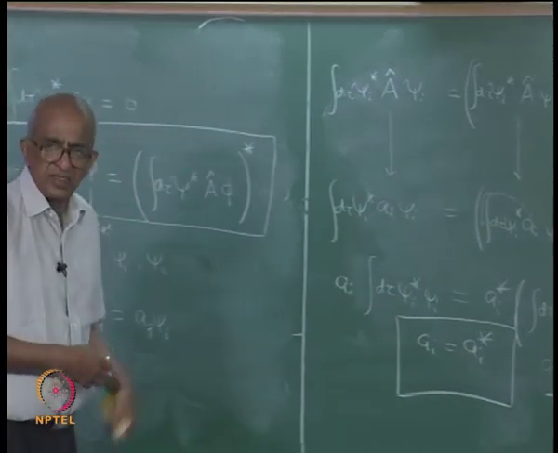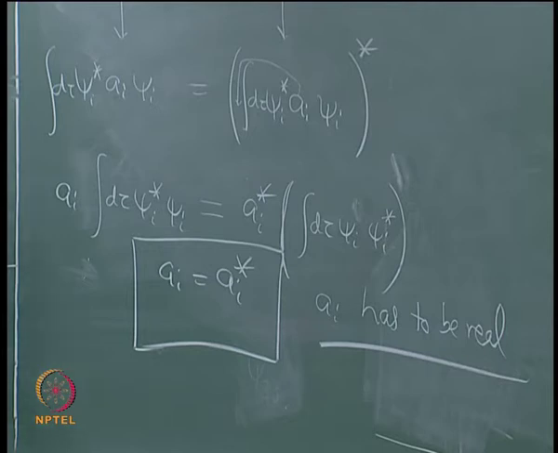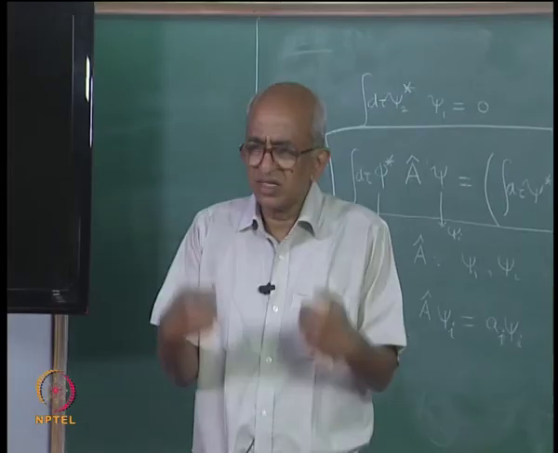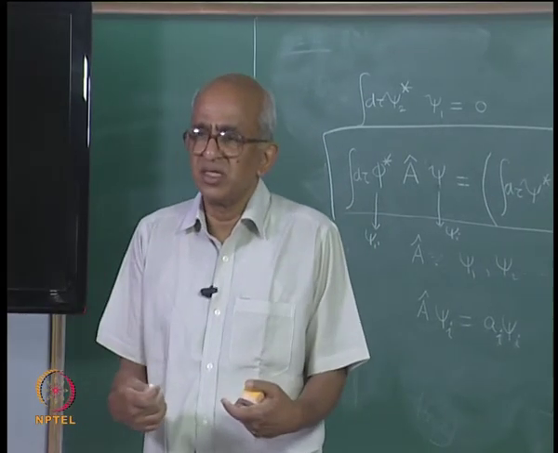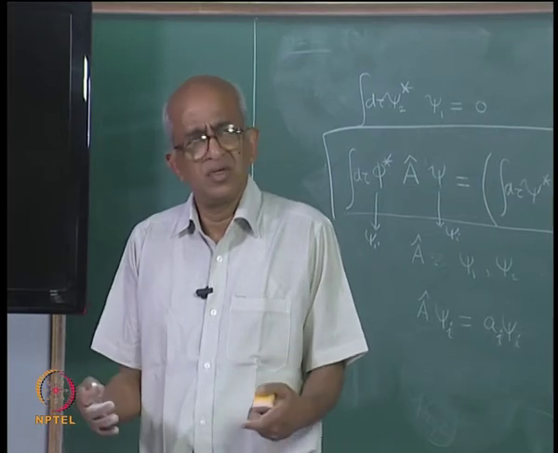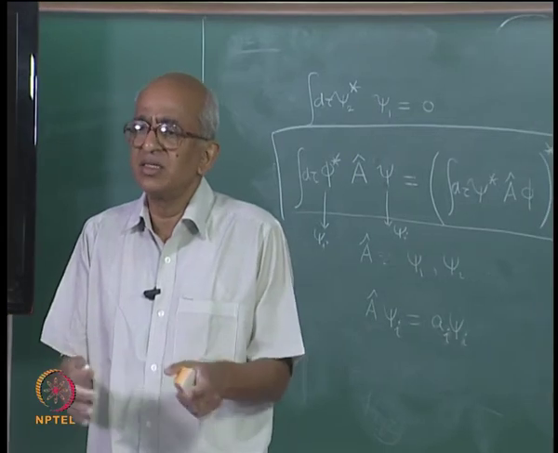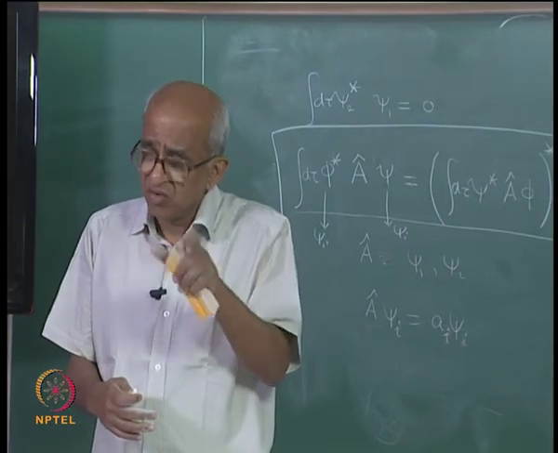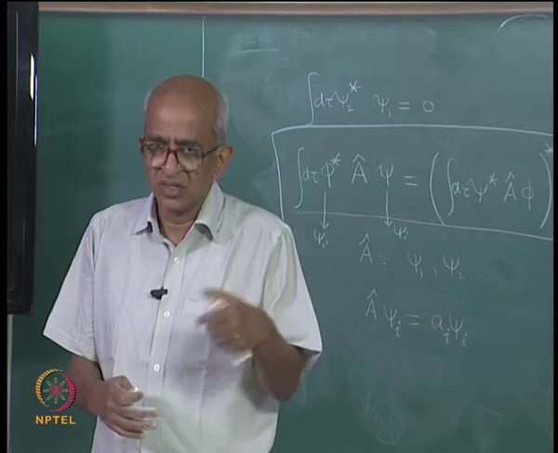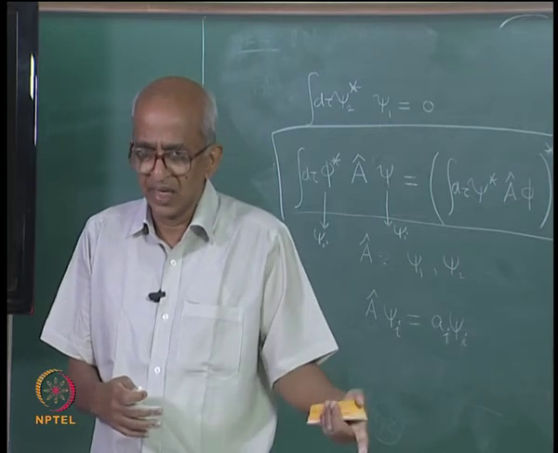So, that is a very general result, and this is the reason why in postulate number 2 we said that the operator has to be Hermitian, because the eigenvalue is guaranteed to be real.